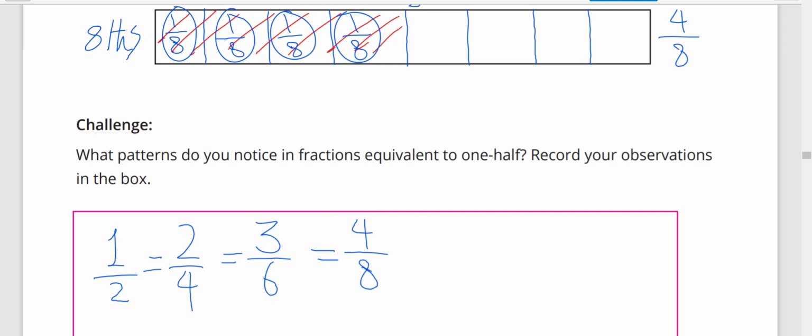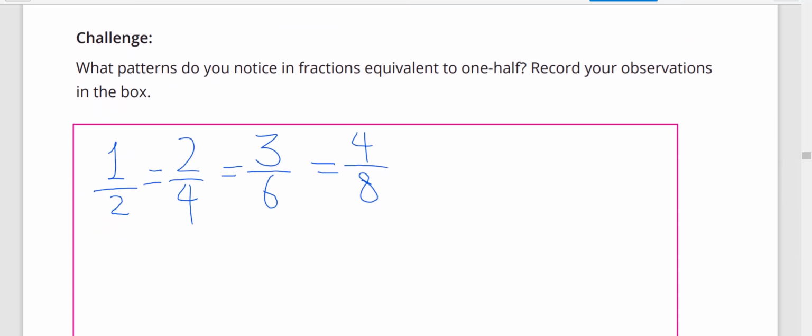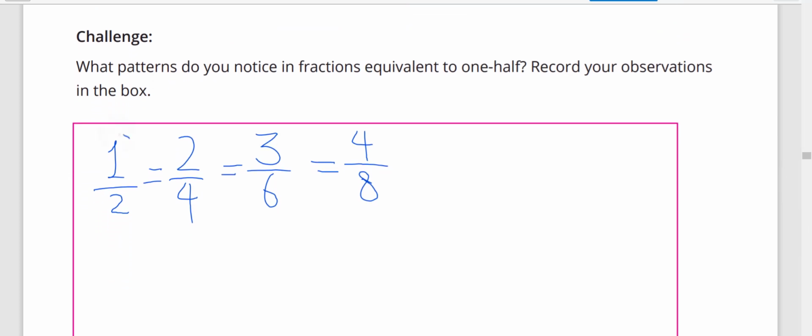What do we note? We note that the numerator is half the denominator.